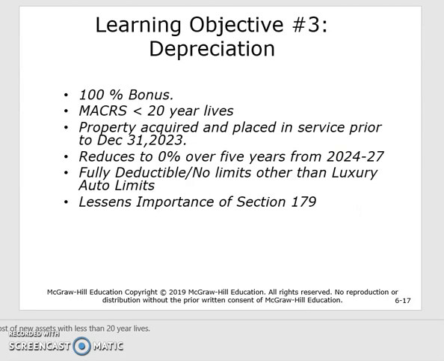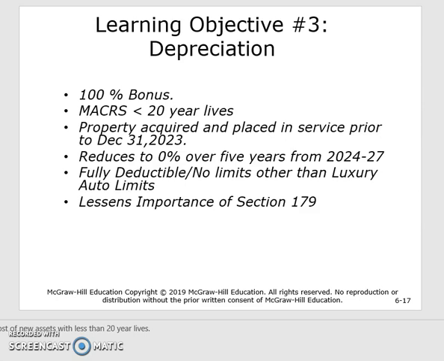There is also 100% bonus depreciation, and this is on MACRS property with less than 20-year lives. And this applies to property that's acquired and placed into service prior to December 31st, 2023. This reduces down to 0% over the 5 years from 2024 to 27.